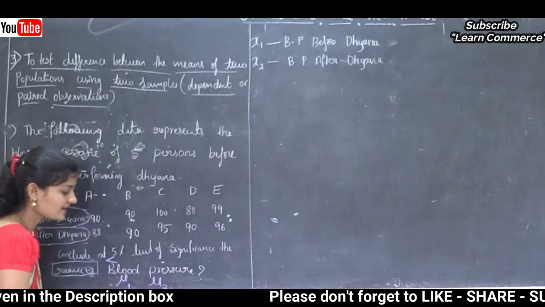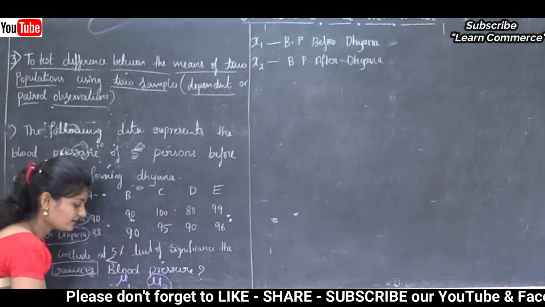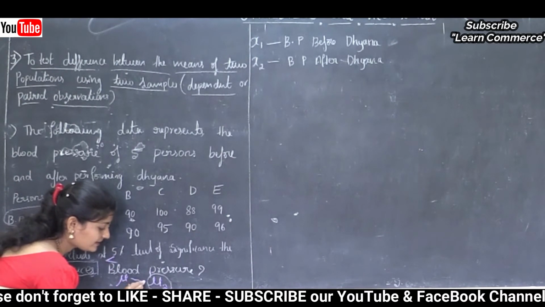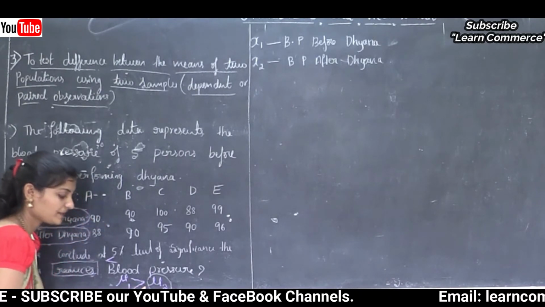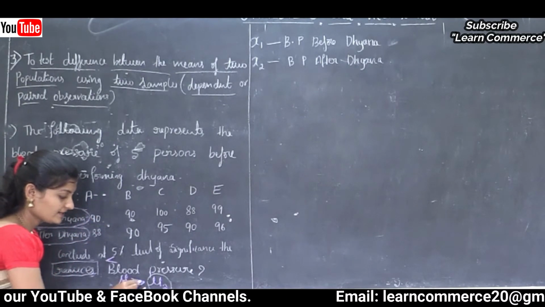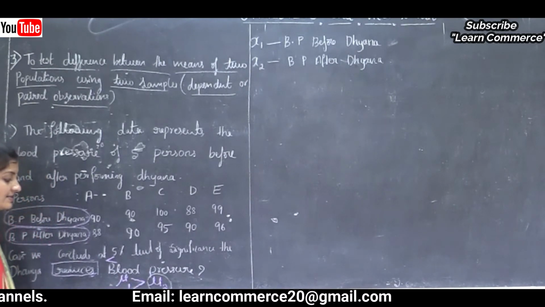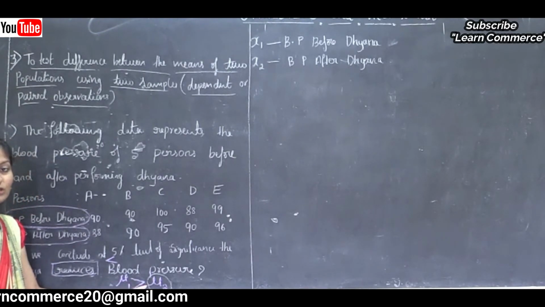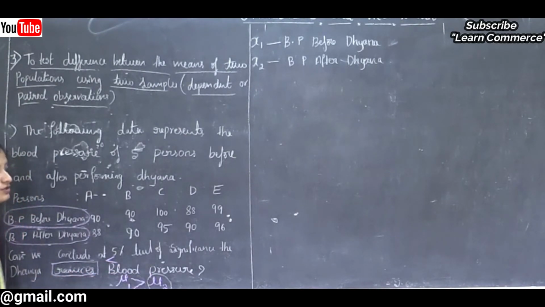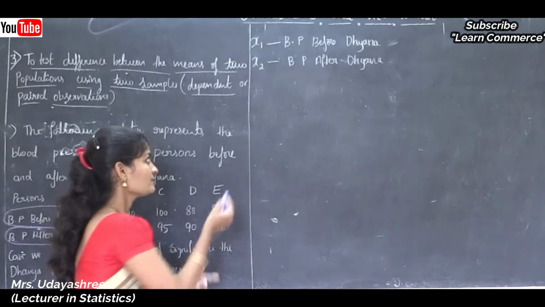So the sign, see here mu2 represents blood pressure after dhyana. Therefore, the sign is like this. Less than in the sense that after dhyana the blood pressure reduced. So, the sign should be like this. Greater than in the sense what? That is alternative type. So, here the given observation is alternative type.